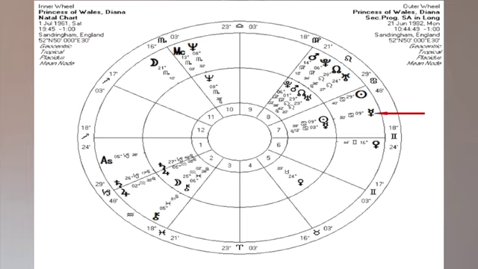The progressed Mercury is conjunct her sun in Cancer, the sign of mothering. And as I was saying to you earlier, you'll often find Mercury involved. It's either Mercury, the moon, the progressed moon, or transiting Saturn. Those are the kind of things you particularly see with the birth of the first child. And here, progressed Mercury conjunct the sun.